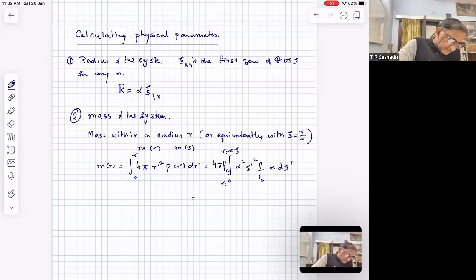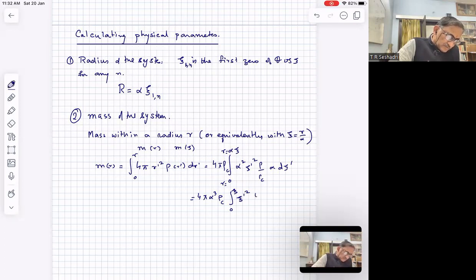And so this is equal to 4 pi alpha cube rho c integral 0 to xi of xi prime square.